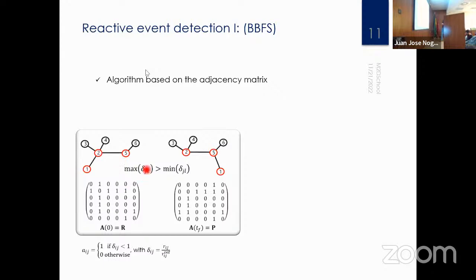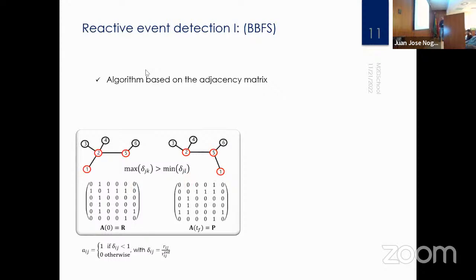The K's are the neighbors of J, and there is one neighbor here only, which is atom 2. When the maximum distance between J and K becomes greater than the minimum distance between J and L, where the L's are the atoms that are non-neighbors, non-bonded, this will happen at some point in between this structure and that structure. This is the simple definition we employ to pinpoint the exact location of the transition state.